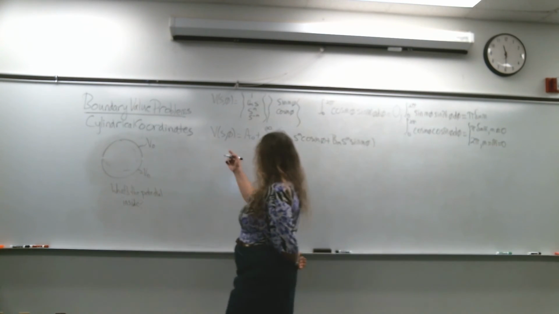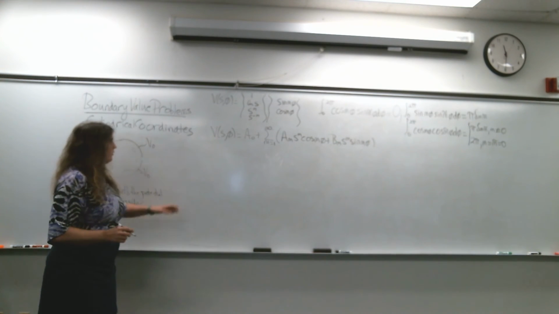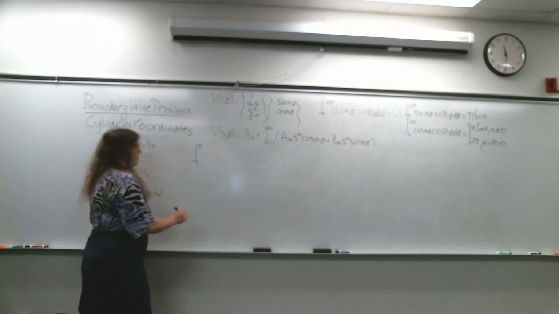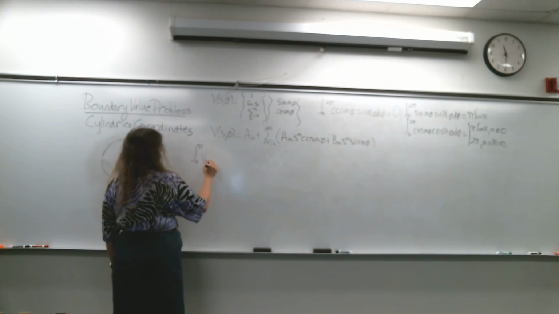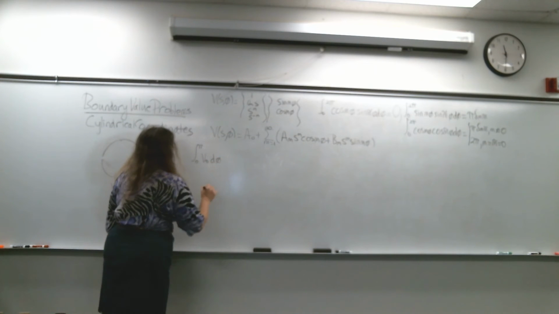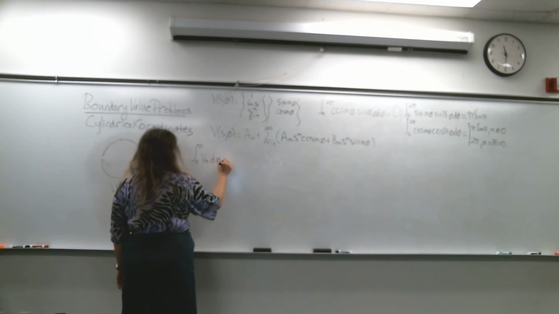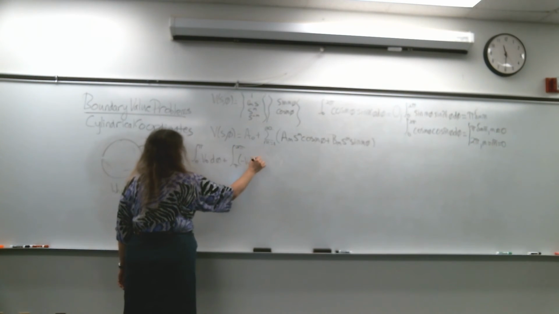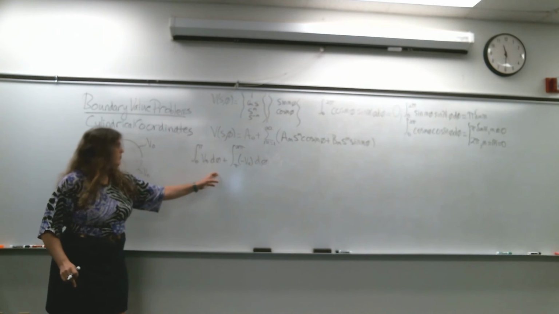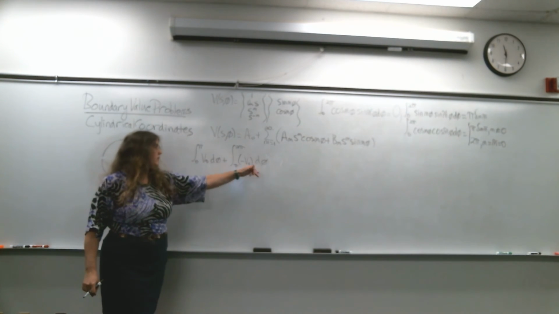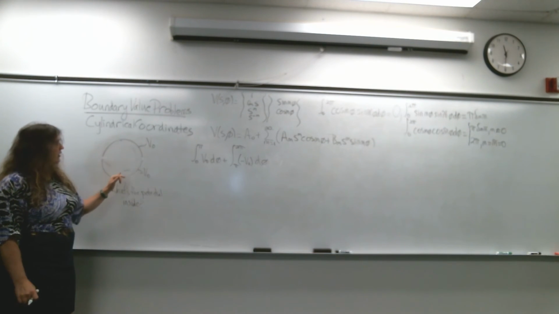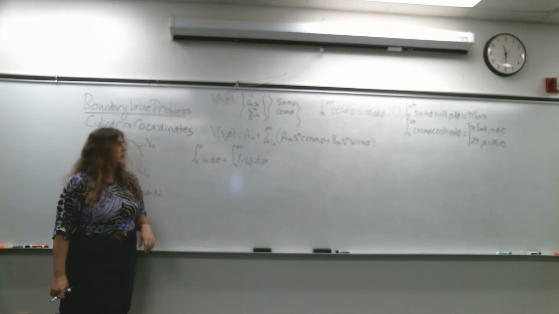So on the left-hand side, if we integrate our solution, we're going to go from 0 to pi of V naught d phi plus pi to 2 pi of minus V naught d phi. So in other words, we're just looking at trying to determine what A naught is going to be equal to.